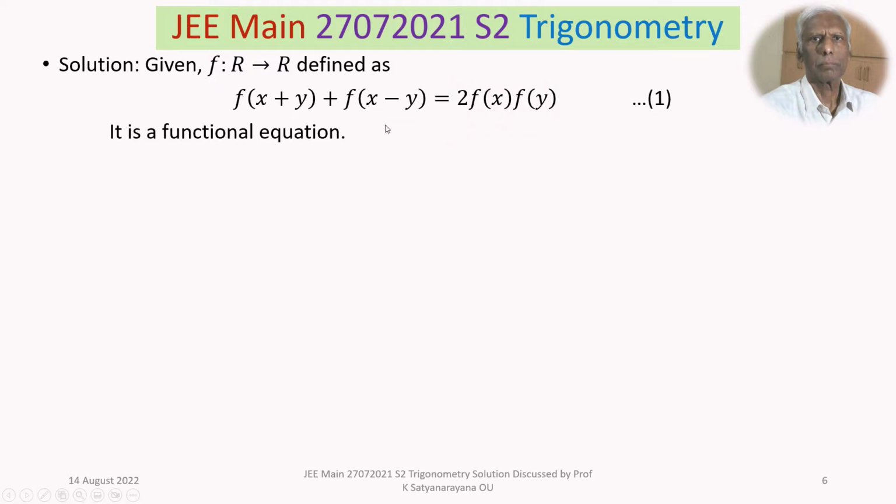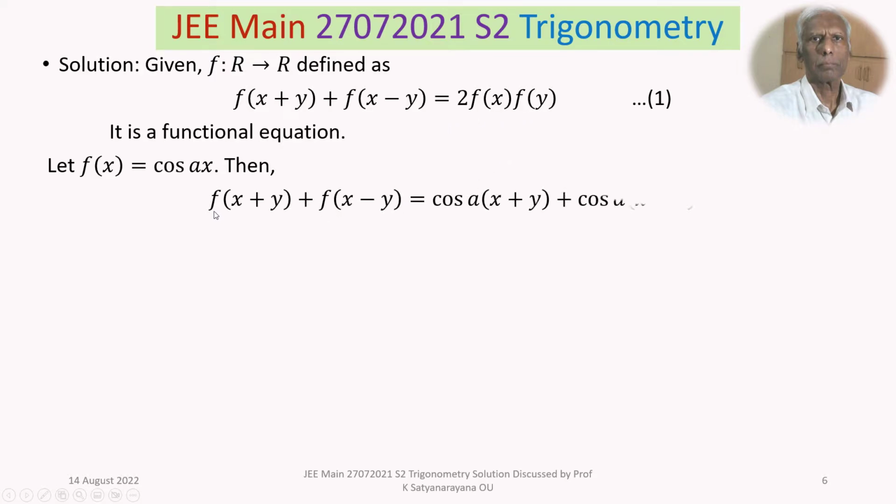Therefore, let f of x be equal to cos of ax. Let's see whether this is going to satisfy this equation or not. f of x plus y plus f of x minus y is equal to cos of a into x plus y plus cos of a into x minus y. Now when added, you use the formula cos c plus cos d is equal to 2 cos of c plus d by 2 into cos of c minus d by 2.